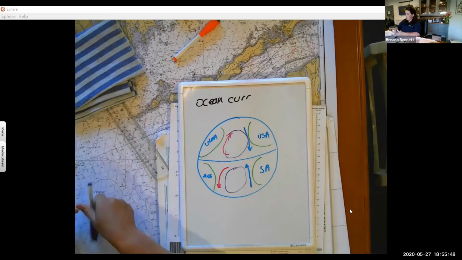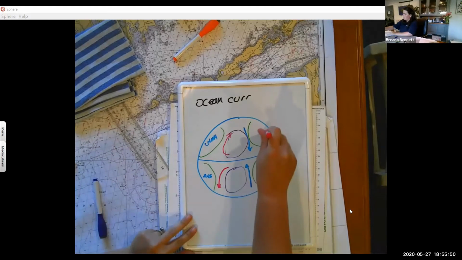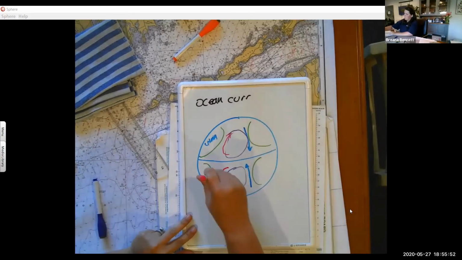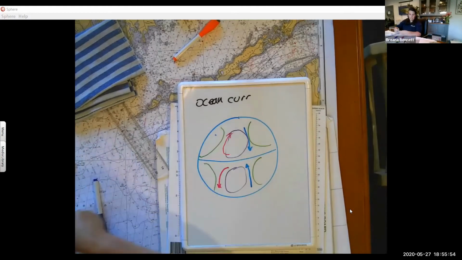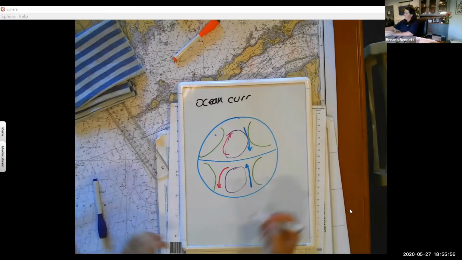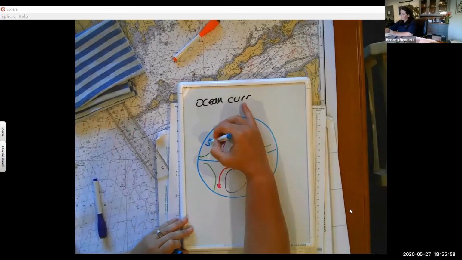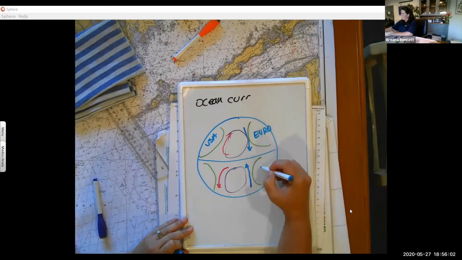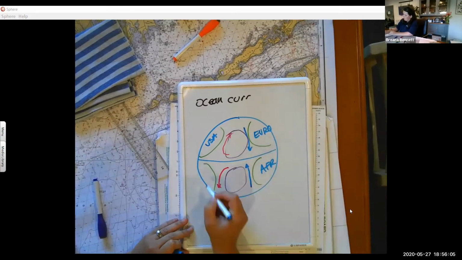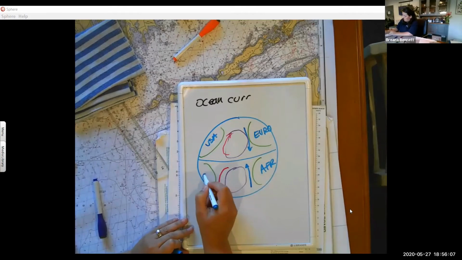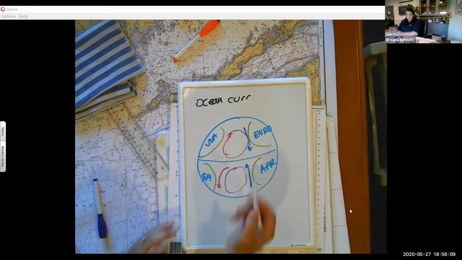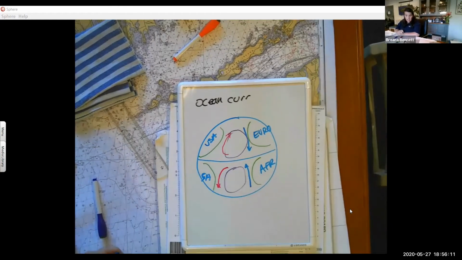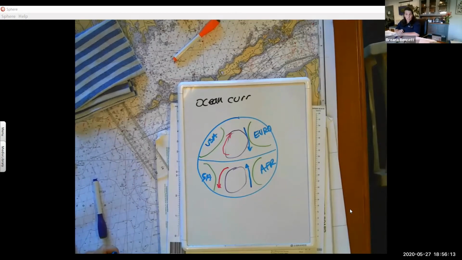Now, if you do this, you could change these land masses that I've artistically made to make this USA, this Europe, Africa, and South America. So on the east coast of the United States, we have the Gulf Stream.